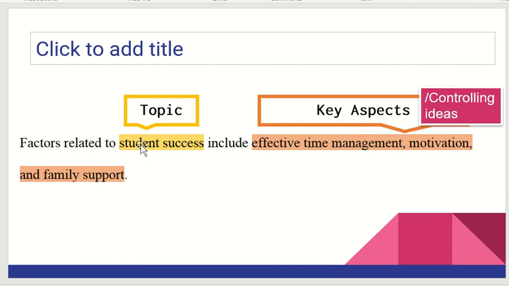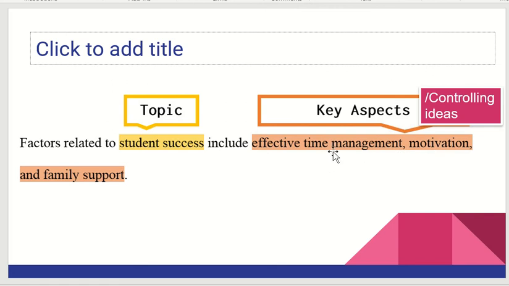And if you were to write only four paragraphs of essay, meaning that you don't have the third one: Factors related to student success include effective time management and motivation. That is all.